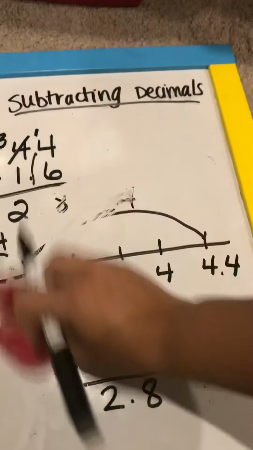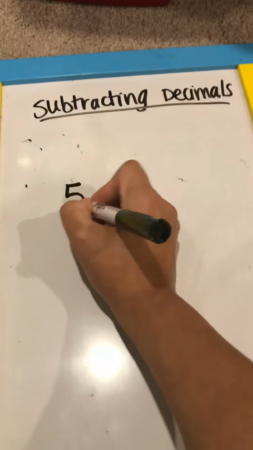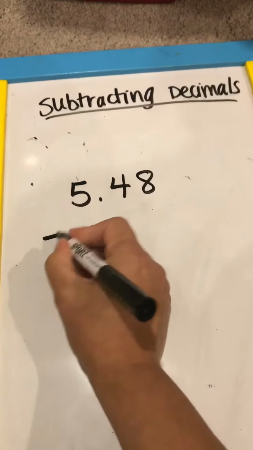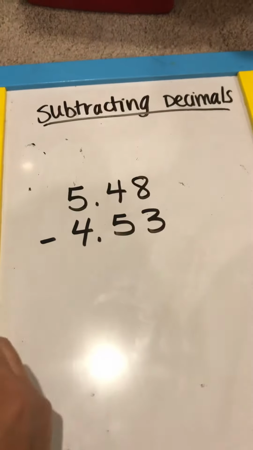I'm also going to show you an example using the hundredths place when you're subtracting. So if I have 5 and 48 hundredths, subtract 4 and 53 hundredths.